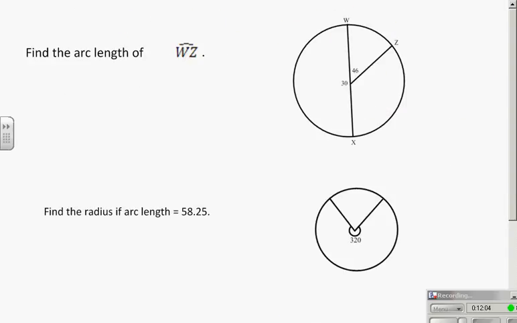We'll do one more example of arc length on this video. The arc measure here is 46, and so my circumference is 30 pi over 1 because they're given the diameter. My portion of arc length over my whole circle. Now in this case, I'm going to cancel a little bit together.